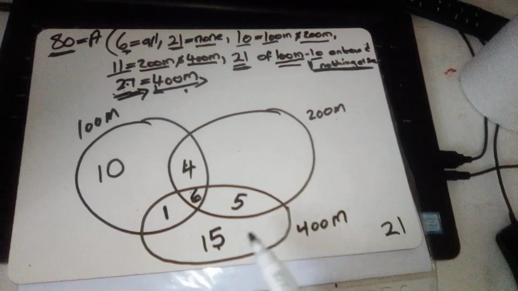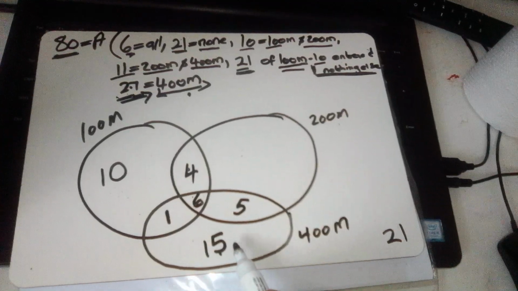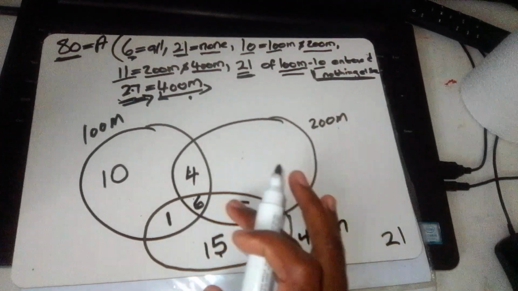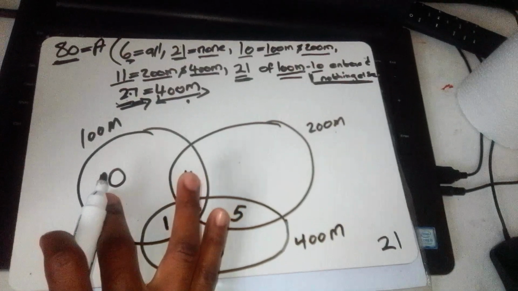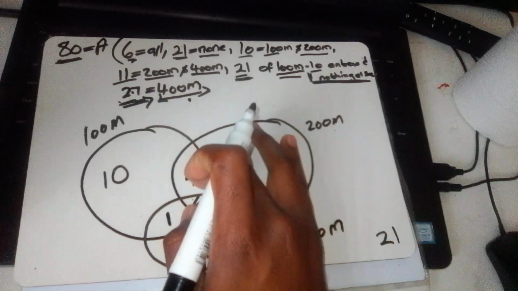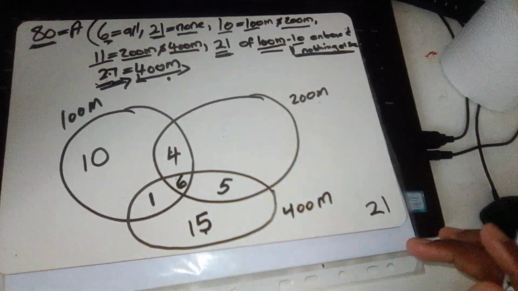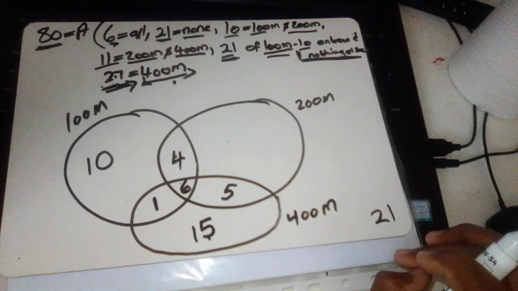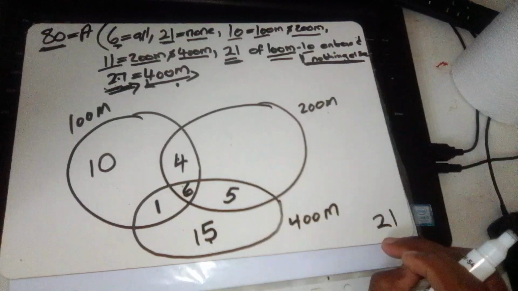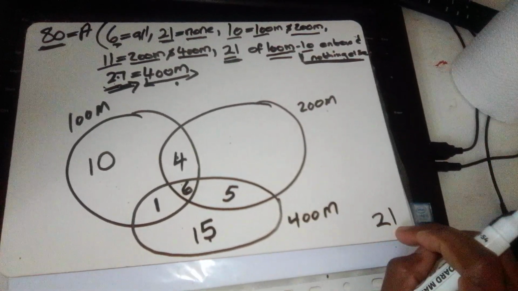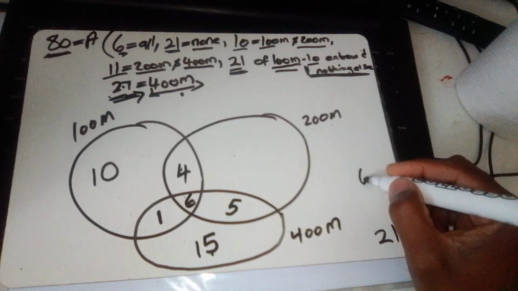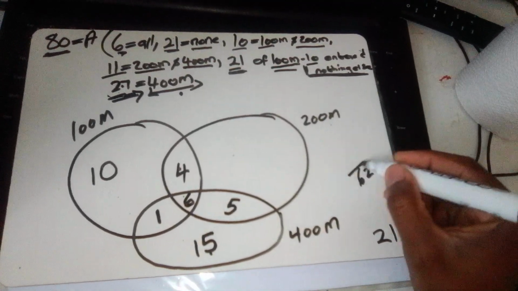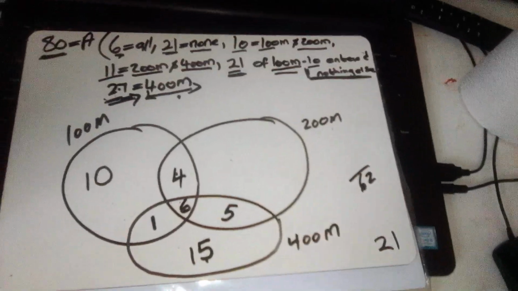Let's see. This was 27, 37, 41, 61, and 62. So I think it's 62, the total.